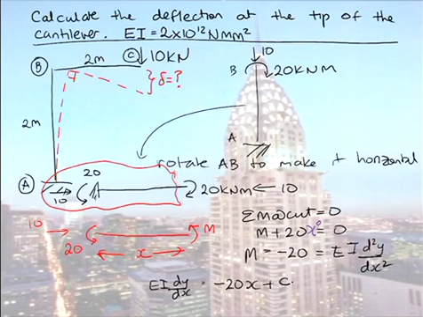And we don't need to go any further than that in terms of integrating, because all we're interested in is the slope. Now, once you have that value of slope, you can then move on to your BC region and then use that as a boundary condition.